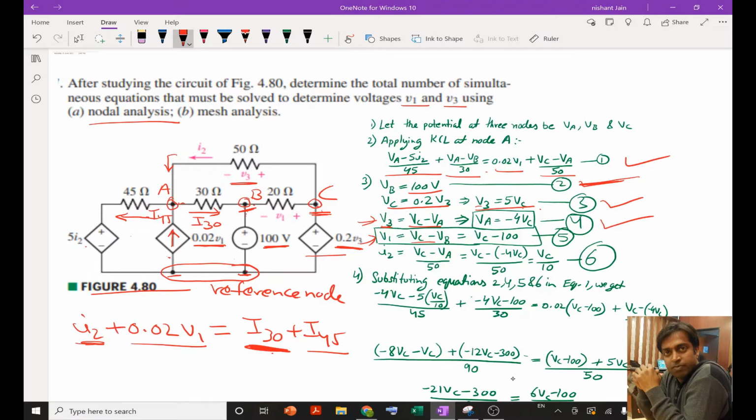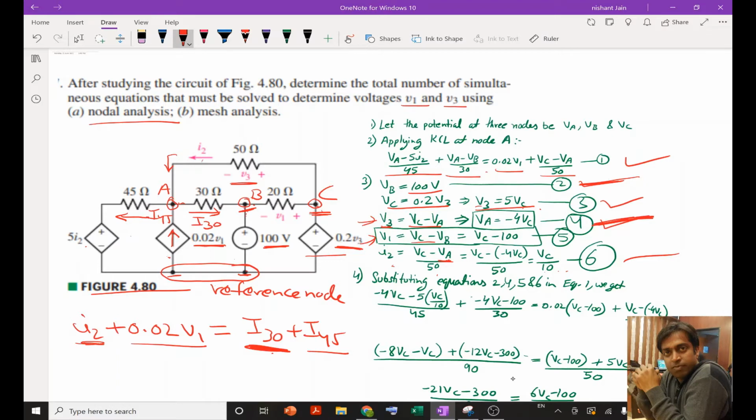Now I2: I2 equals (VC minus VA) upon 50. Substituting the value of VA from equation 4, I get I2 equals VC upon 10, and this becomes my sixth equation.